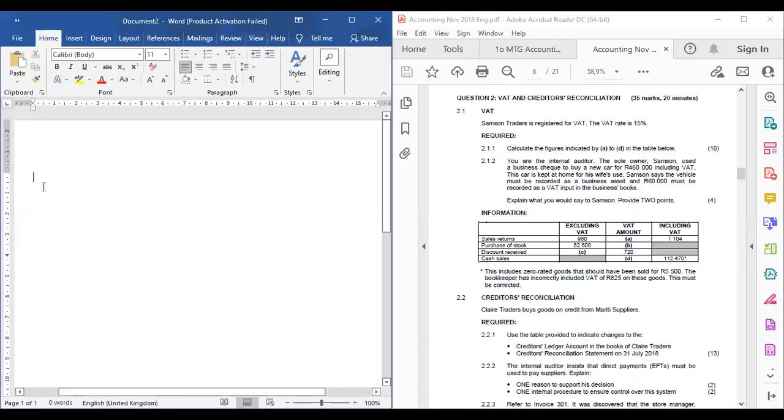It's a 2018 paper. So we have this question 2.1, right? Let's go through it. Samsung Traders are registered for VAT. The VAT rate is 15%. I love this because it's relevant, right? Required: calculate the figures indicated A to D in the table below, right?